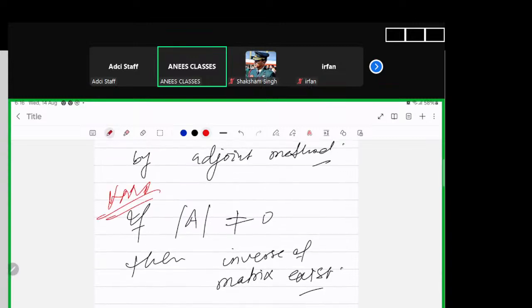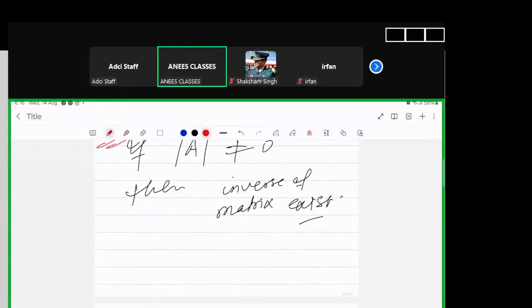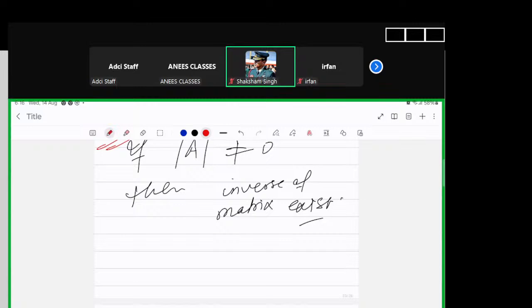Very, very important. That means for a non-singular matrix, inverse exists. For a singular matrix, inverse does not exist. Understood, Saksham? Yes, sir. Okay.